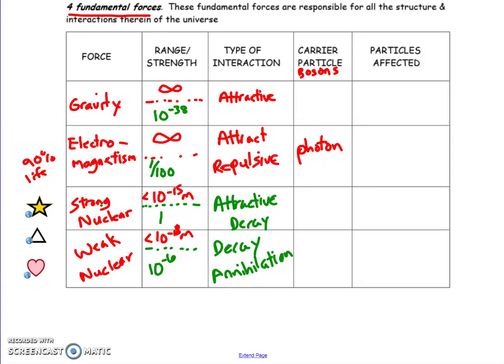Okay? The strong nuclear force has two distinct carrier particles that do two different jobs. One is called the gluon. The gluon is also massless. It acts only over extremely short ranges.